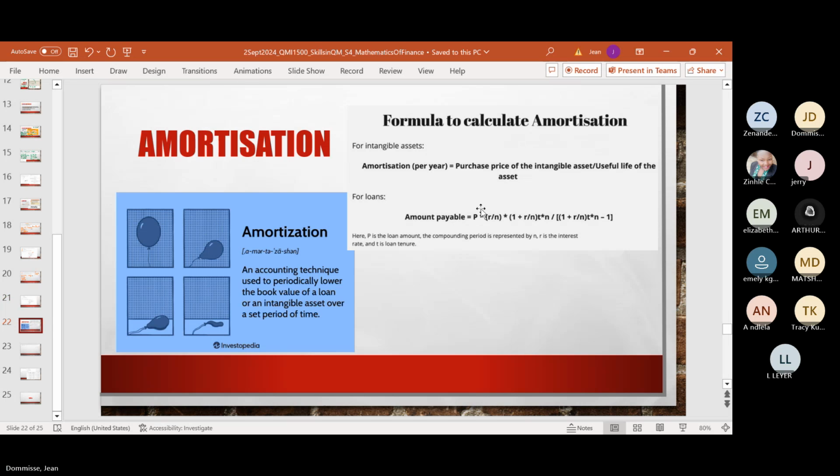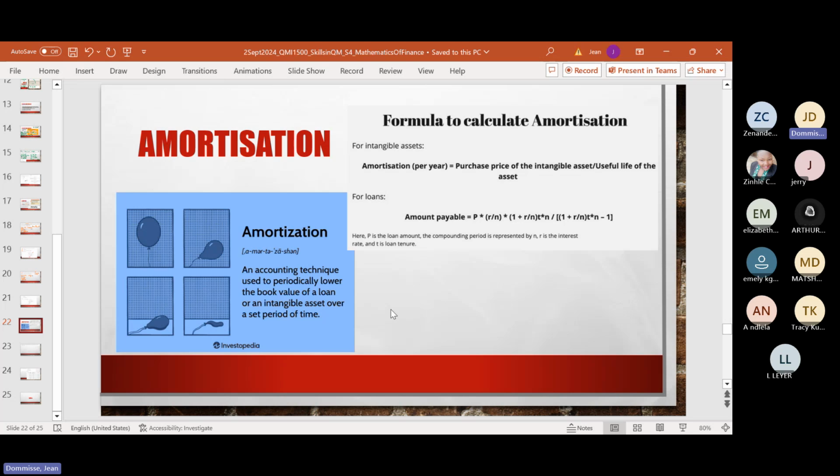Then you will also see in your assignments they talk about amortization. What that basically is, is anything that you pay back over a certain time period, in a periodic manner.